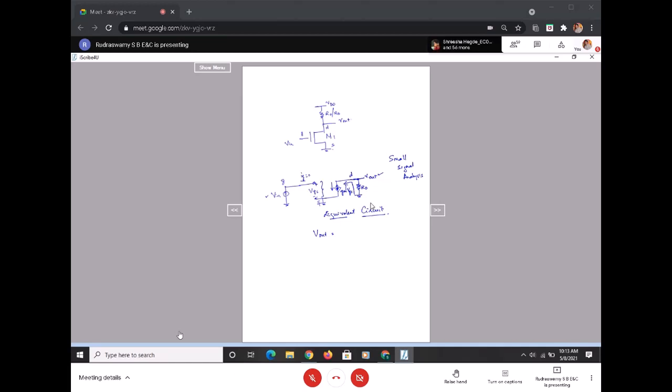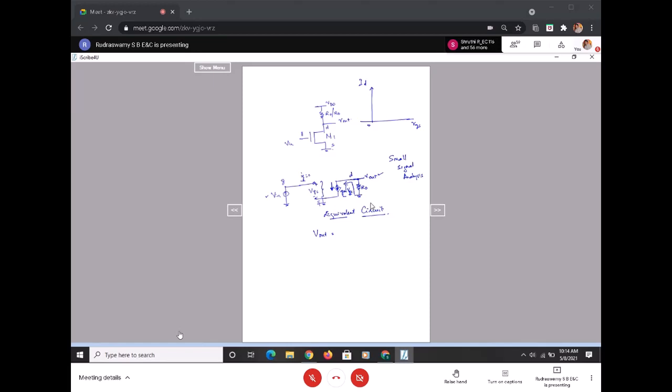I is equal to V times R, but here it is not R, it is the transconductance. And why the transconductance? We have already seen before, this is because of ID versus VGS.